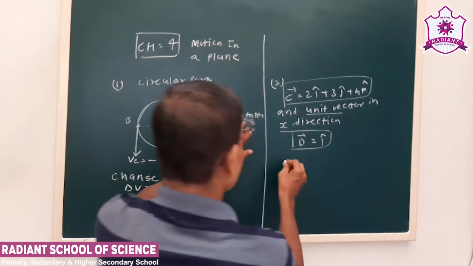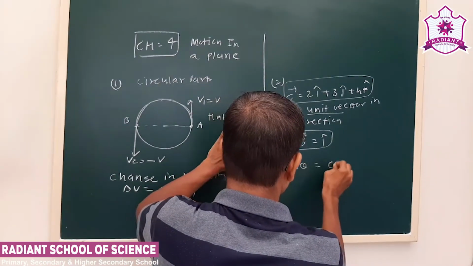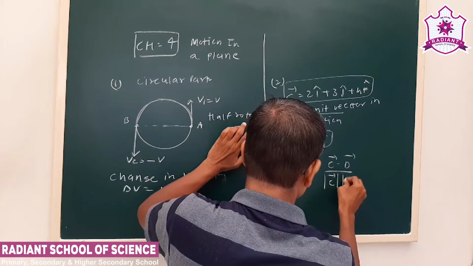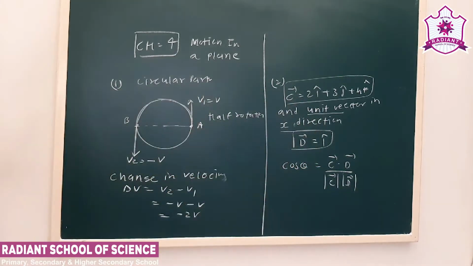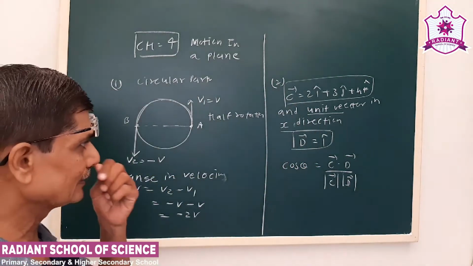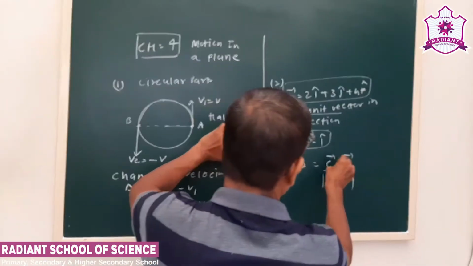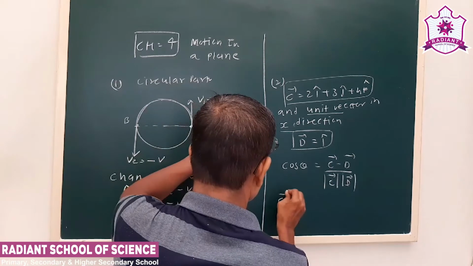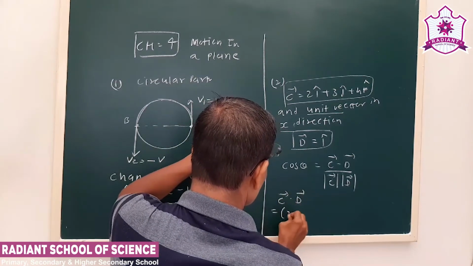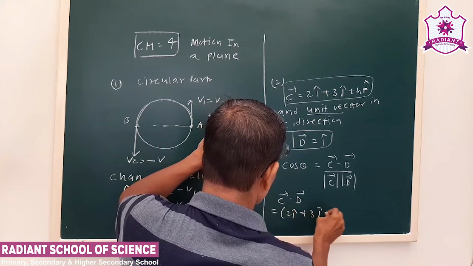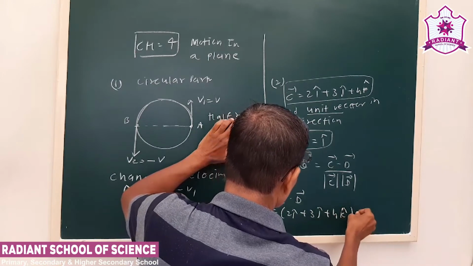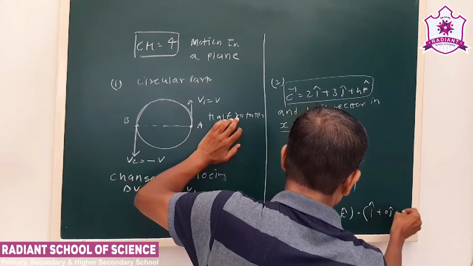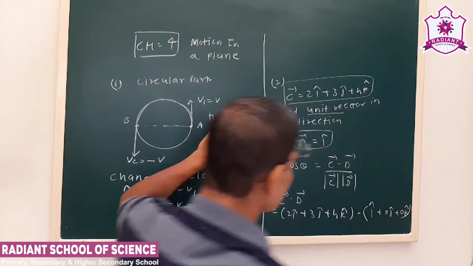Our formula: cos theta will be C dot D upon the product of their magnitudes. That is the formula for the angle between them. First we find the scalar product, C dot D. C dot D will be (2i plus 3j plus 4k) dot (i caret plus 0 j caret plus 0 k caret).